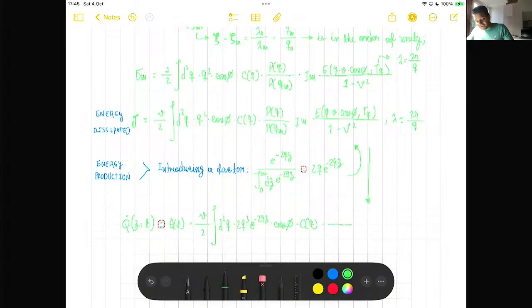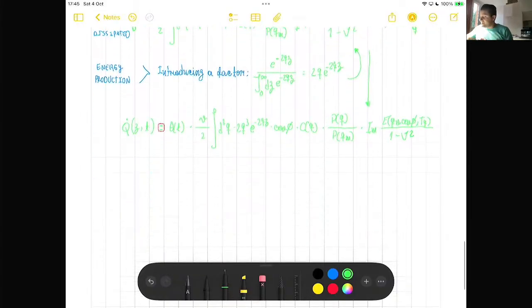times the fraction of the contact areas for q and qm times the imaginary part of the elastic modulus as a function of q, v cosine phi and the temperature T q, over 1 minus the Poisson ratio squared.